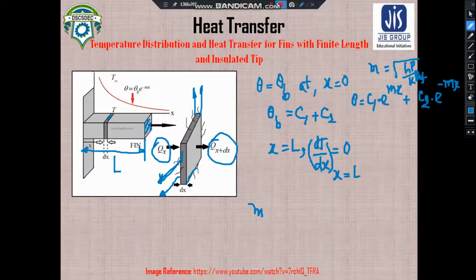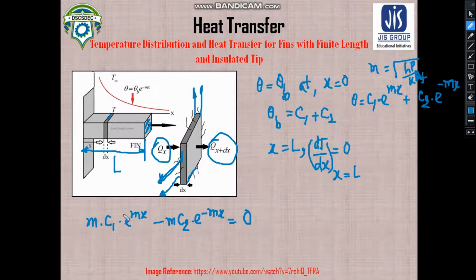Here we can see that after differentiating this equation, we know that theta is T minus T infinity, so when we differentiate with respect to x, dT/dx becomes m into C1 into e to the power mx minus m C2 into e to the power minus mx.